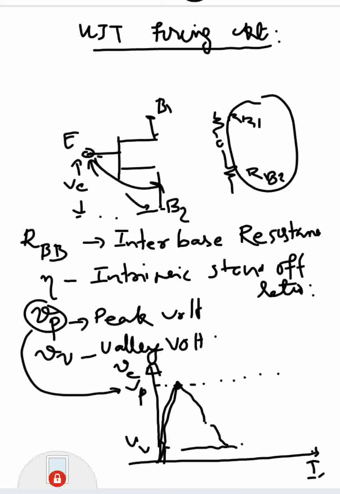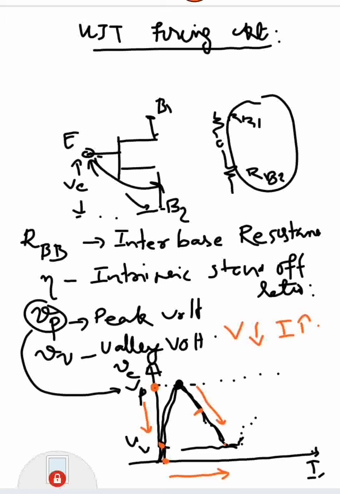Once it goes beyond this VV, the voltage again increases up to VP. In this region the voltage decreases from VP to VV, but at the same time the current increases. So voltage decreases, current increases.